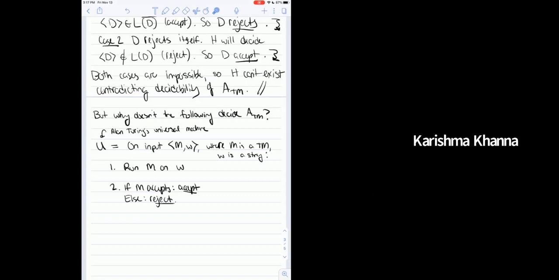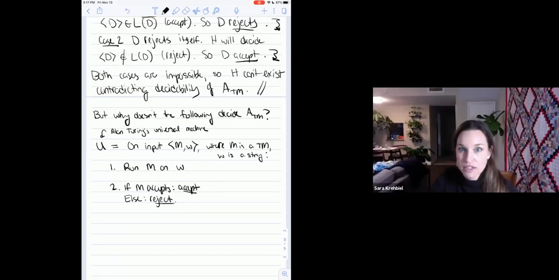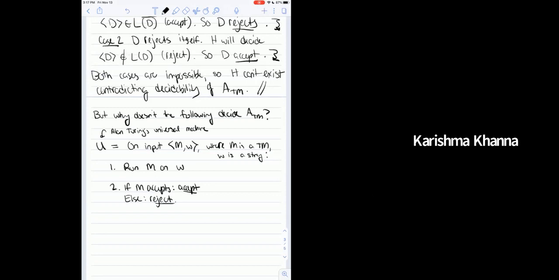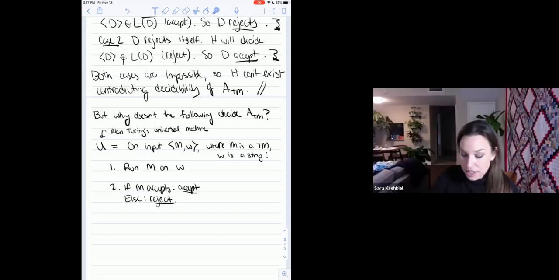Is it because if M never stops running on W, then step 1 will never stop? That's exactly right. So a decider can't have any steps that might get stuck. But M isn't necessarily a decider. M is just a Turing machine.